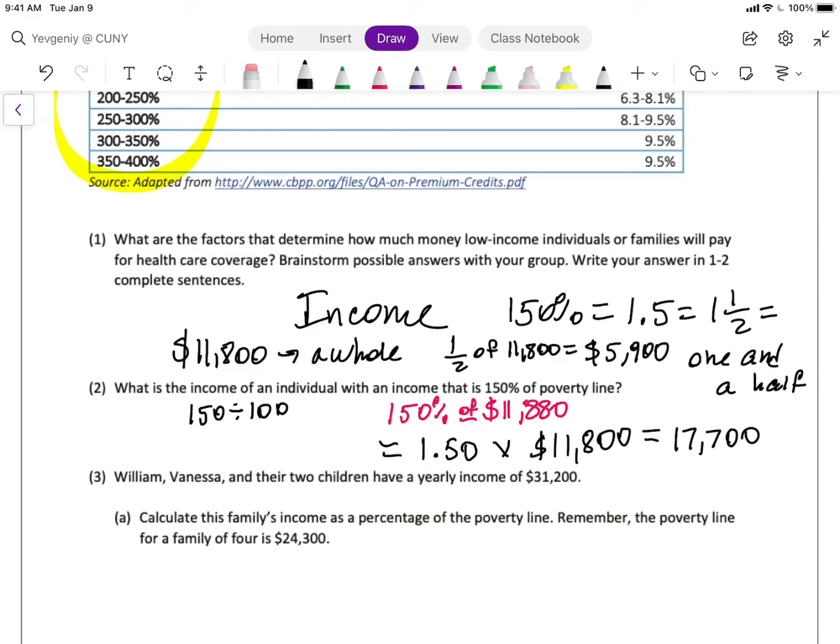And if you put those together, that will give you 17,820. So that's how you can think of this logically. A whole and a half, 150%.